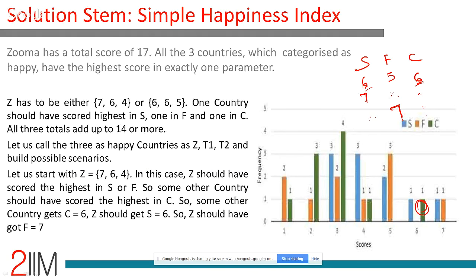Right? So then if Zuma has got 7 in S, then the 6 cannot be from green. That should have gone to somebody else. The 6 should not be here. It should be somewhere else. But it's not possible here because F does not have a 6. So this is ruled out. 7 should be here. This should not be a 6. This should be a 6. This should be a 4.